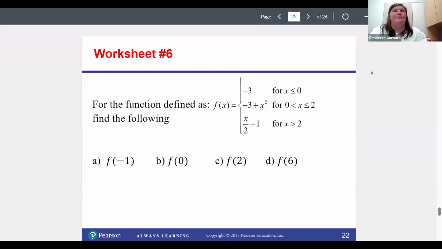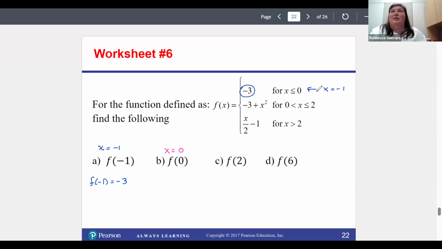All right. So when we look for the first one here, this is where x is -1. Well, that would leave me here. This is where x is less than 0, because x equal to -1 is less than 0. So that means in this case, f of -1 is just going to be equal to -3 because it's constant there. f of 0, this is where we have to pay attention.